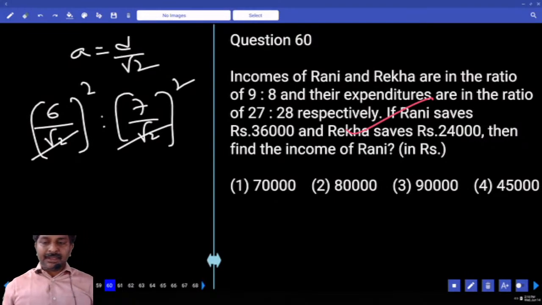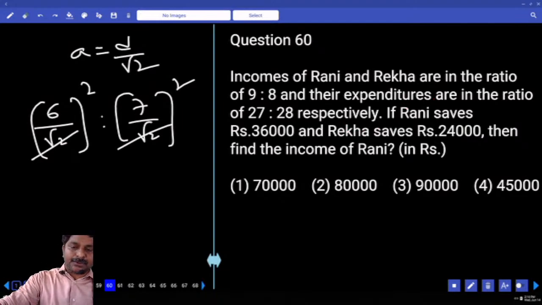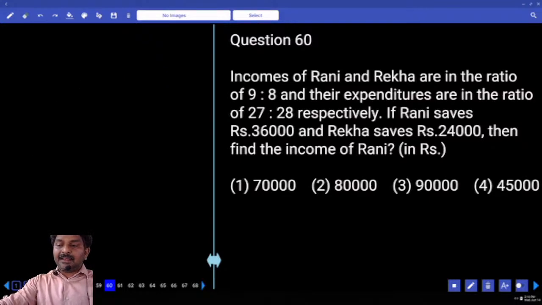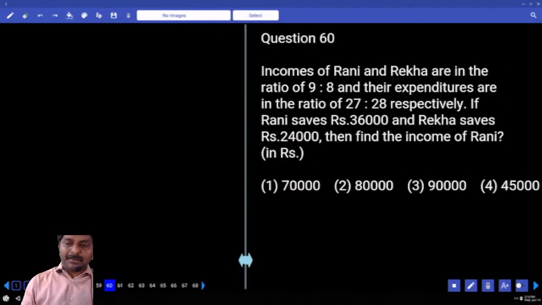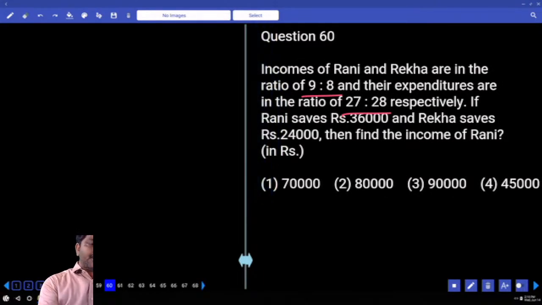Next, incomes of Rani and Rekha are in the ratio 9:8 and their expenditures are in the ratio 27:28 respectively. If Rani saves 36,000 and Rekha saves 24,000, then find the income of Rani. So do remember, we have two different ratios. One is income and then expenditure.